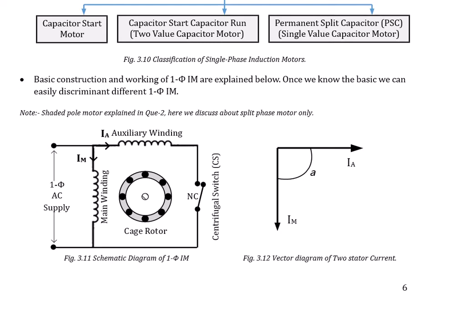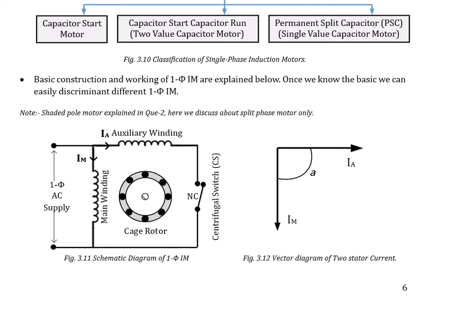This is the importance of the centrifugal switch when we have two windings. The auxiliary winding is only necessary until the motor reaches its normal rated speed. When the motor reaches its rated speed, the centrifugal switch opens, and due to this the auxiliary winding is removed from the circuit, and only the main winding is present.